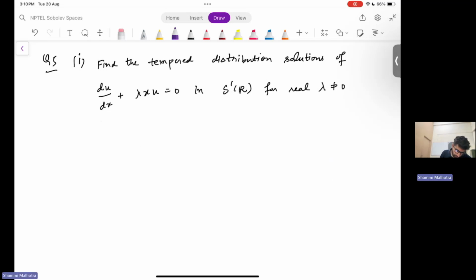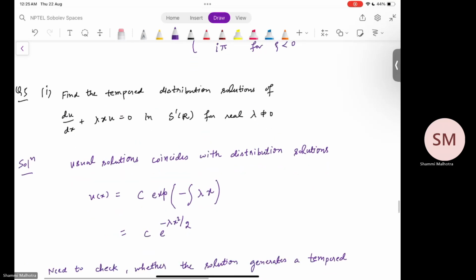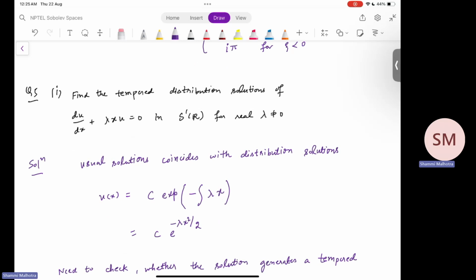We are interested in finding the tempered distribution solutions of this du by dx plus lambda x equal to 0 in the tempered distributions, and for real lambda in R. Since I know this is just a linear first order equation, the usual solutions actually comply with the distribution solutions.